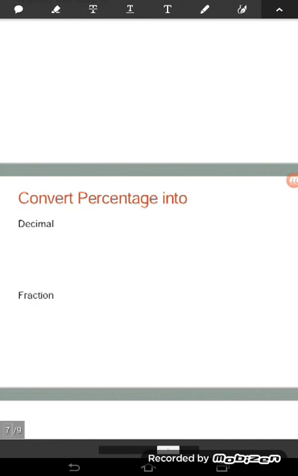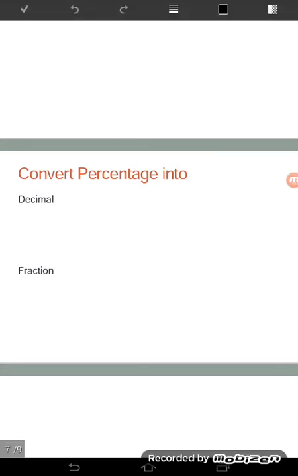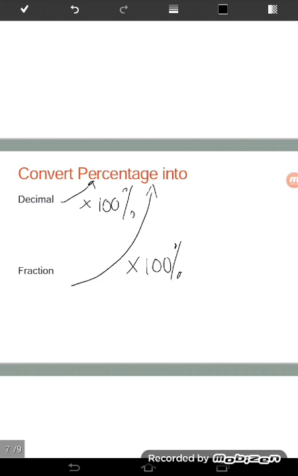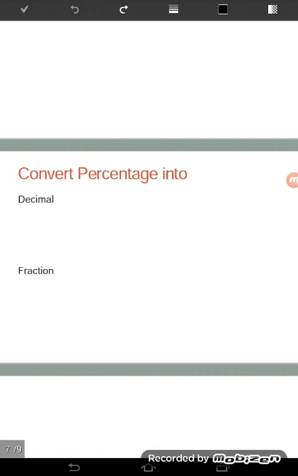How to convert a percentage into a decimal, and how to convert a percentage into a fraction? From decimal to percentage, we multiply by 100%, and the same for fraction to percentage. For percentage to decimal, we need to divide, and percentage to fraction is also the same, we divide by 100%.